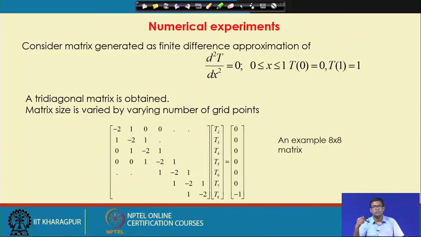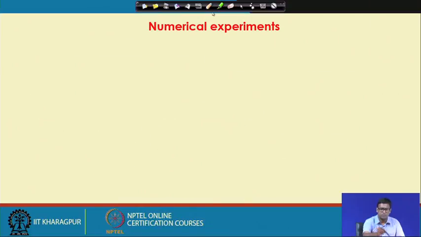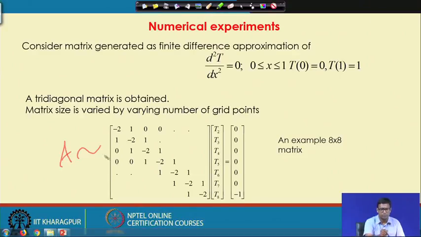Later we will also discuss how to write these programs, how to implement Gauss-Seidel or Jacobi in a computer program. We ran a program and noted the number of iterations needed to solve it. We also noted the G matrix which comes out of it. So, this is basically how the A matrix looks.